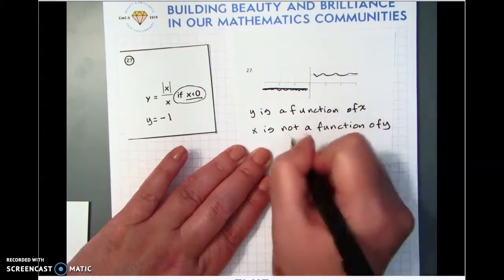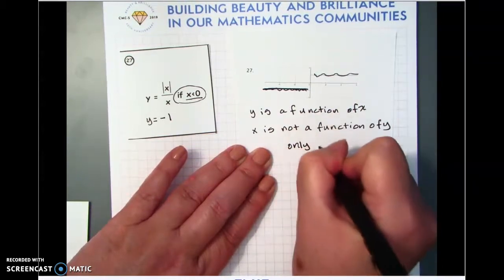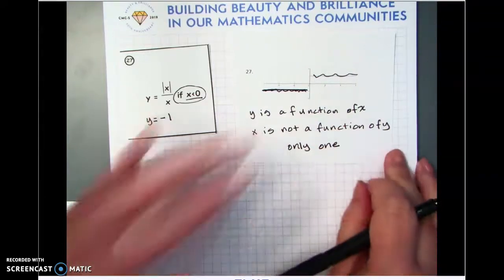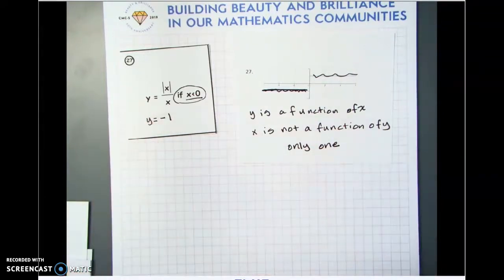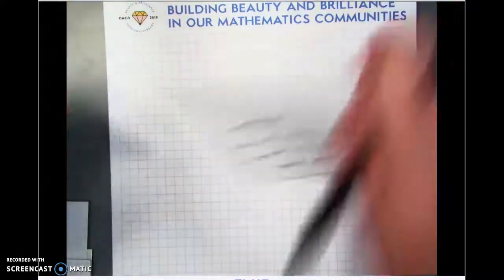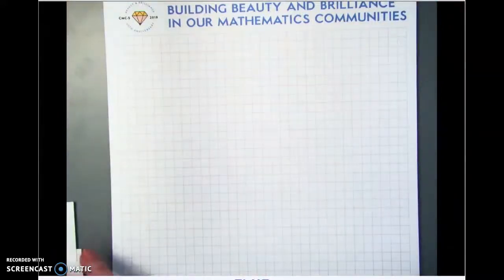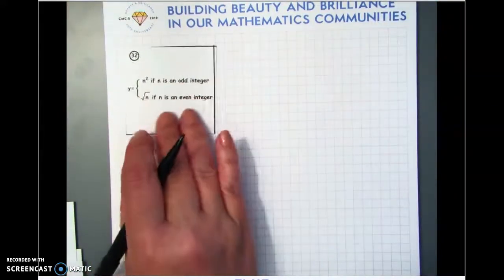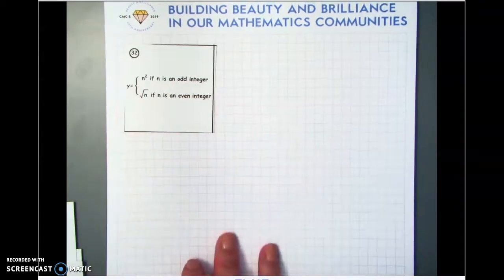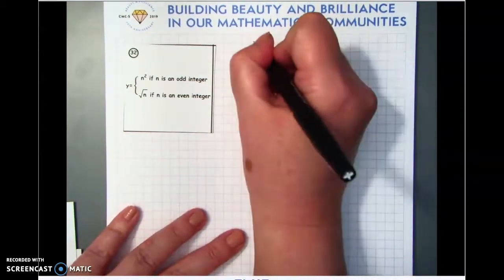That means that only one of the directions would be a function. All right, the next one in line was card number 32, and this one is kind of combining two different graphs.